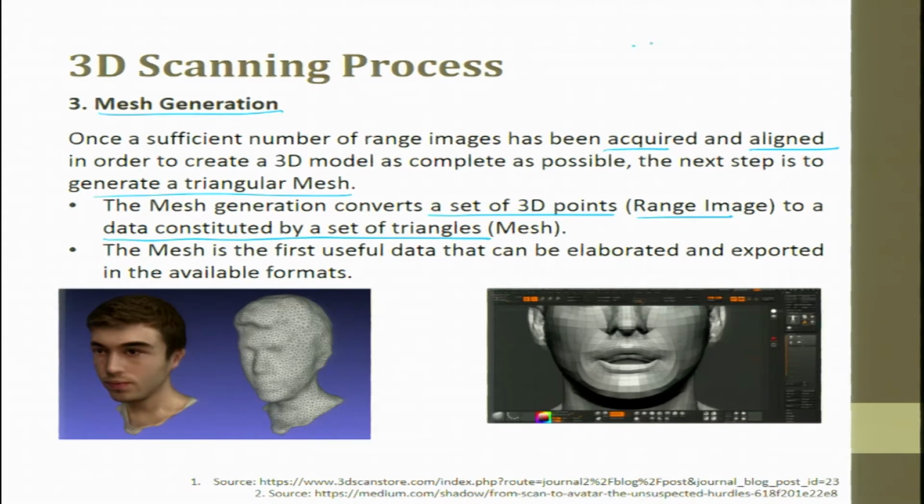So now what has happened? Earlier you had data points. Now these data points are connected into a mesh, into several triangles. The mesh is the first useful data that can be elaborated and exported in the available formats. So the point cloud data is converted into mesh data, then this mesh data is exported for other use. You can see a lot of meshes here.